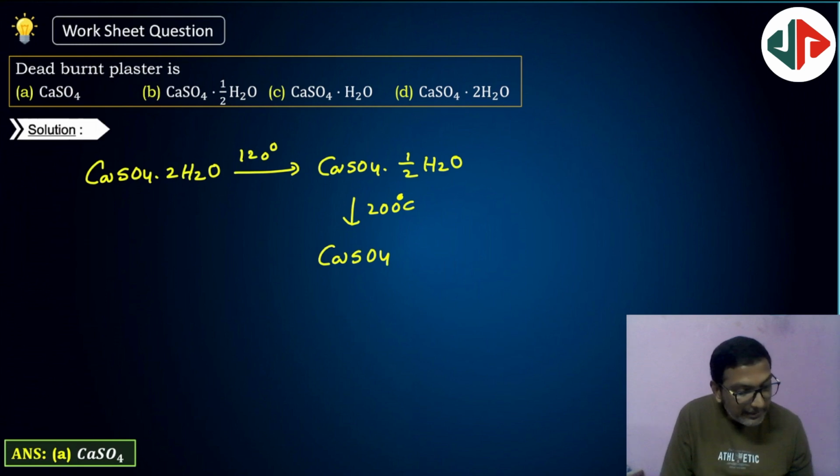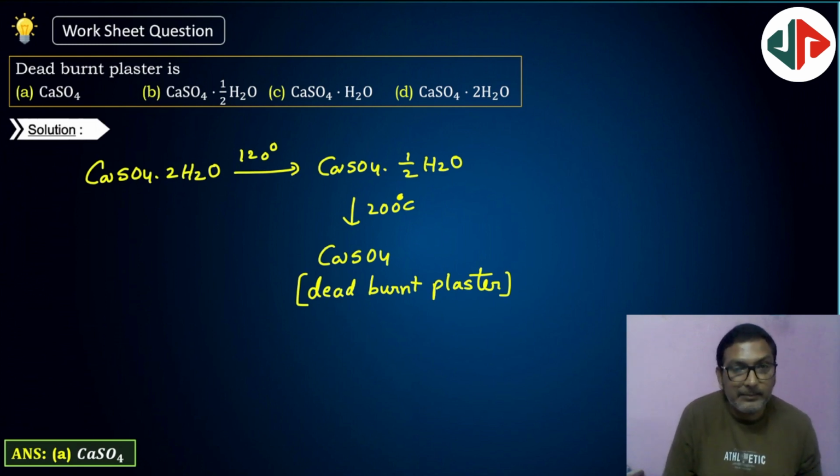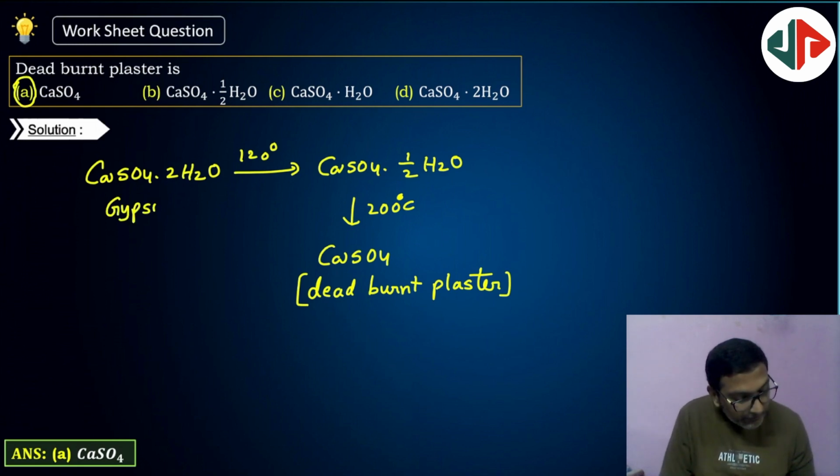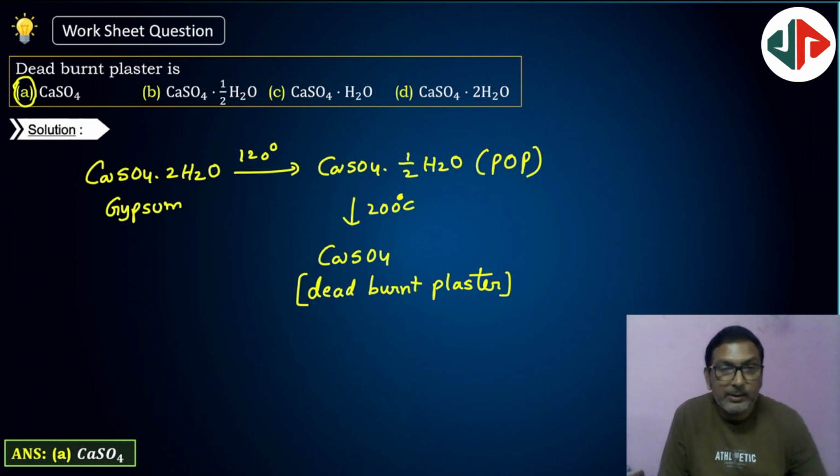This is dead burnt plaster. That means it will not have a sticky nature. Therefore, option A, CaSO4 is dead burnt plaster. So this one is gypsum and this one is plaster of Paris, POP. Therefore, option A.